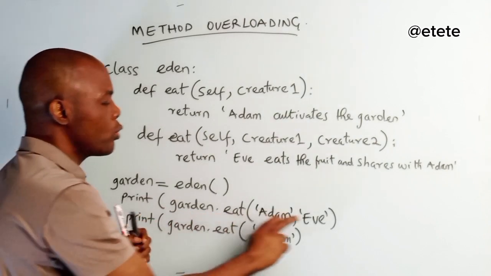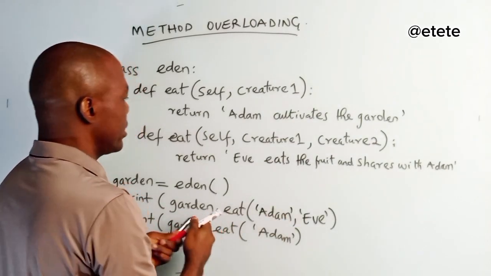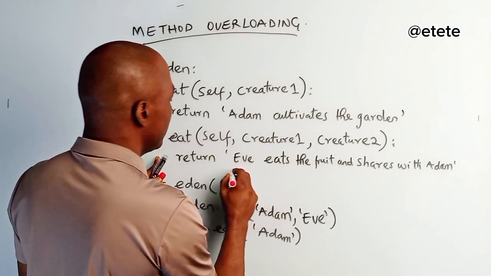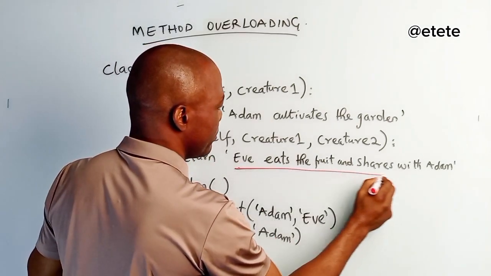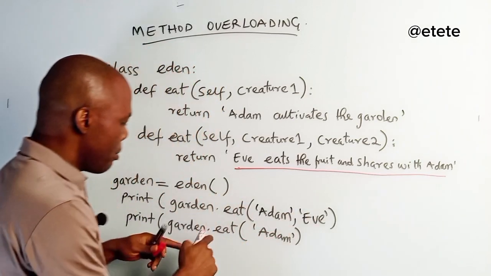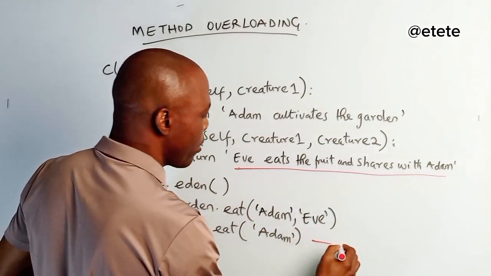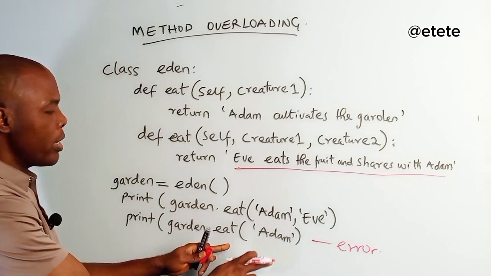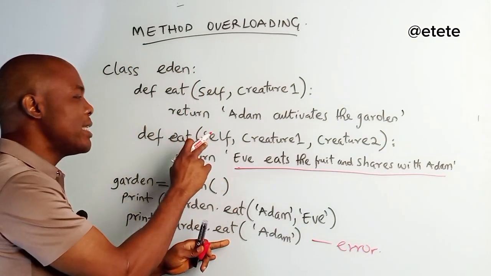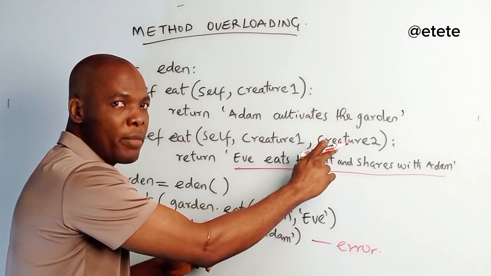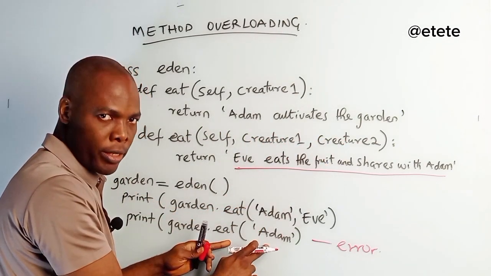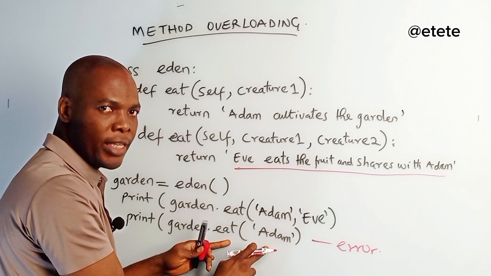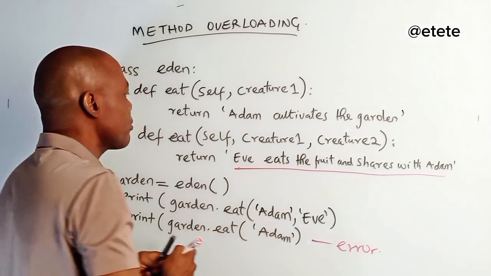What will it do? This one will print this out. But this one will give you error. This one will give you error, telling you that this method is expecting two parameters, but you are giving only one. That is the error it's going to give to you. Why?